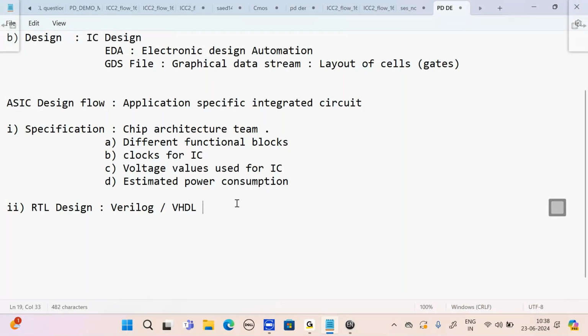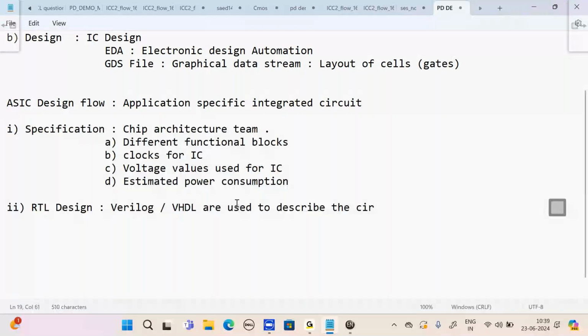Verilog and VHDL are hardware description languages. So we use Verilog or VHDL to describe the circuit.